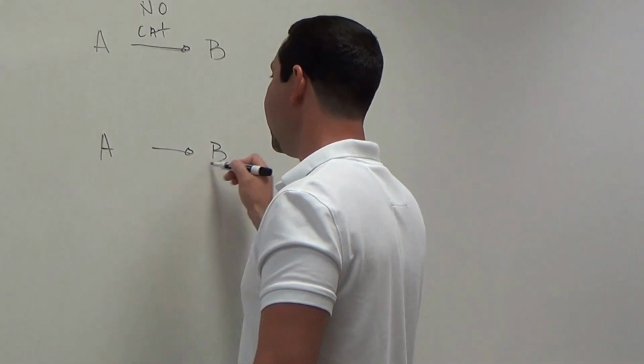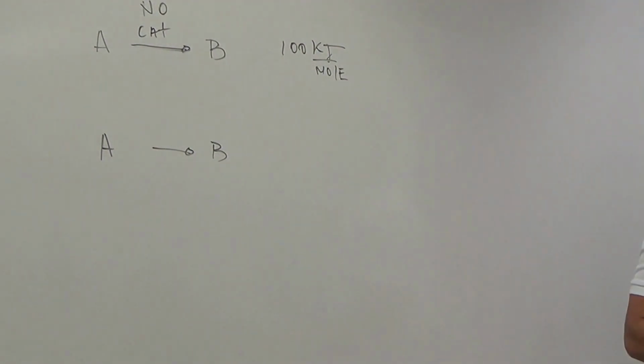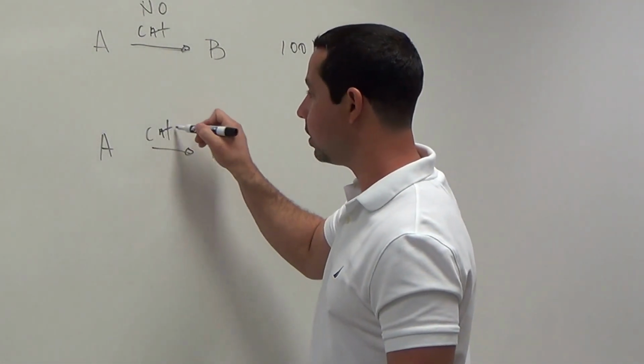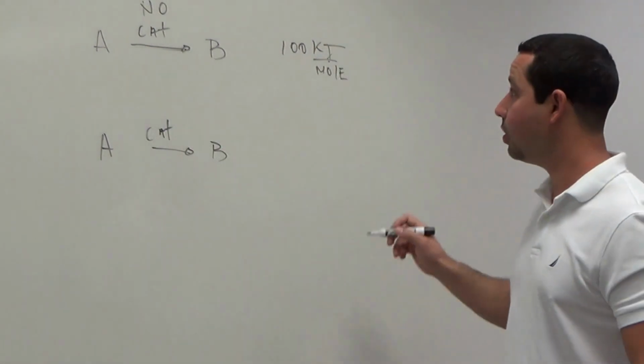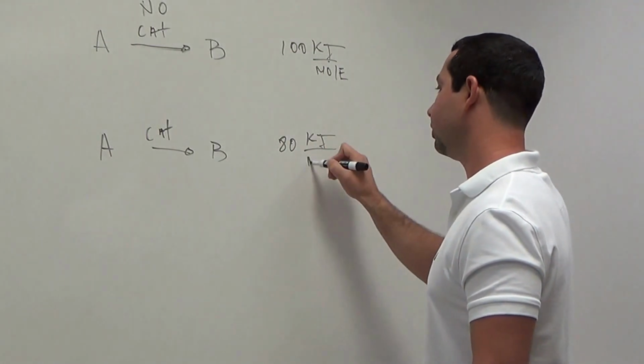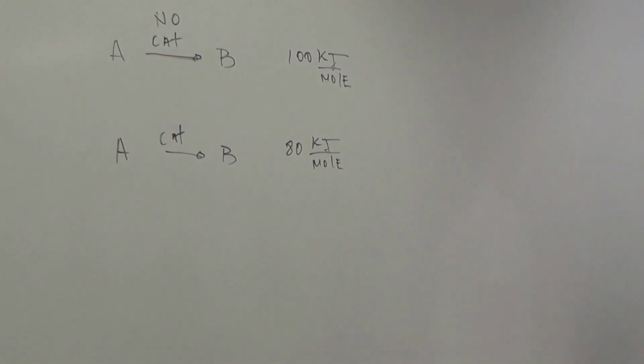Now, is it still A to B when you add a catalyst? Yes, because it's not part of the overall reaction. So, here you added a catalyst, and here's what happens. When you add a catalyst, now this is like this.